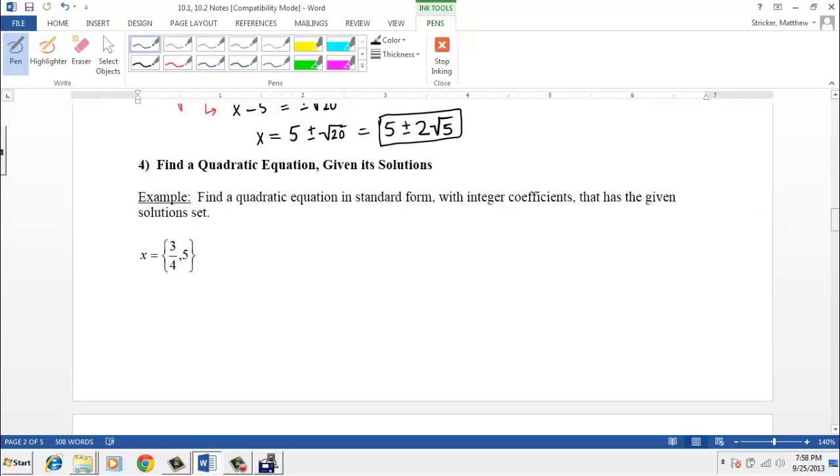And the last thing we're going to do here is, if we know the solutions to a quadratic equation, can we go backwards? Can we come up with what the original equation was? The way you want to think about this is how we solve quadratic equations using the factoring method.